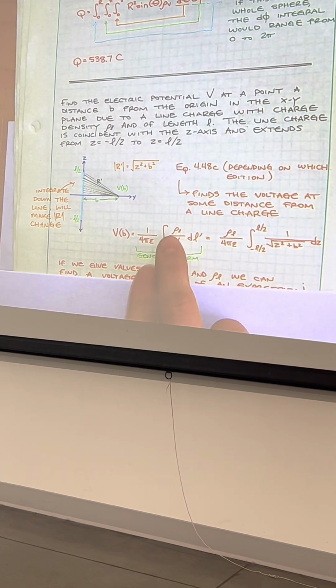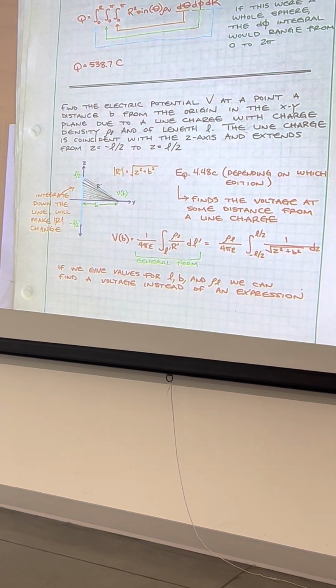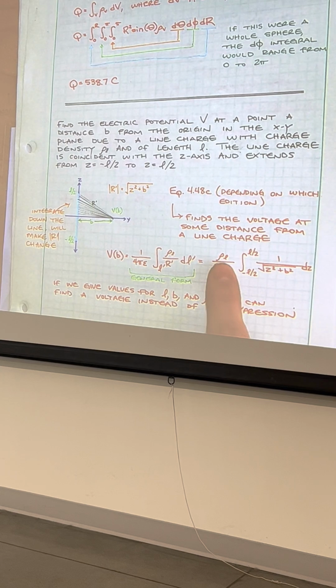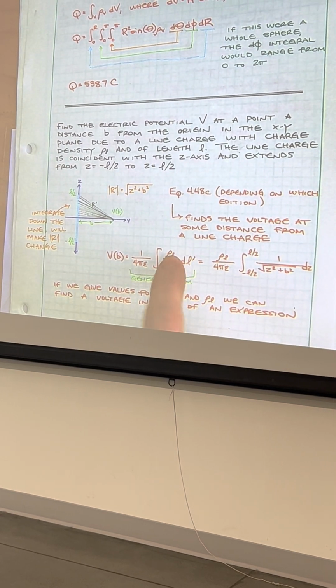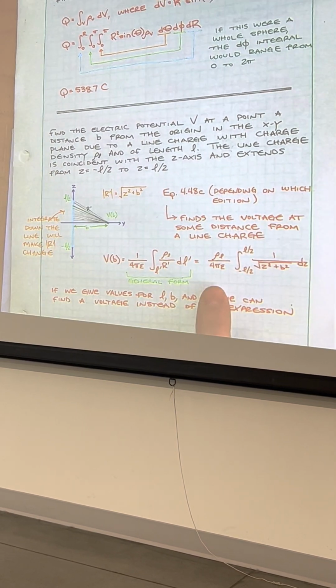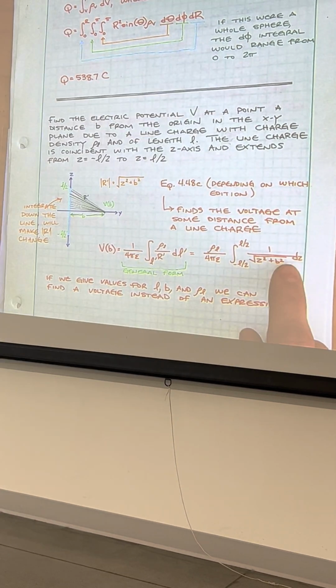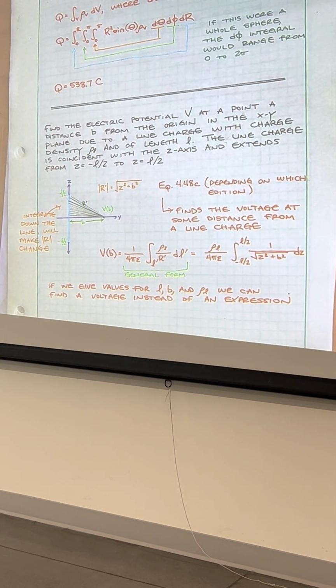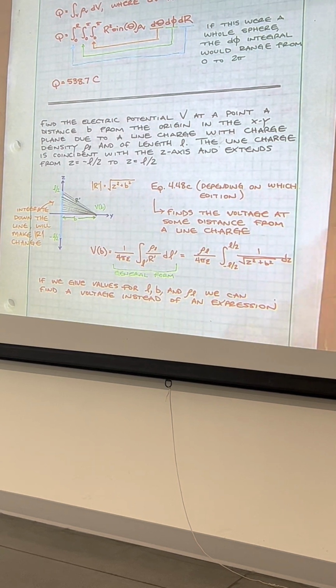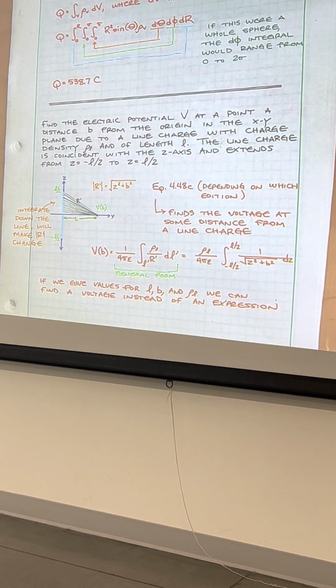And in our case, our charge distribution isn't a variable of L, so we can pull it out. We can just pull it out front, doesn't matter. And then I just replaced R prime with this and put the length measurements in there. And if you do that integral, you'll get the expression for what it is.